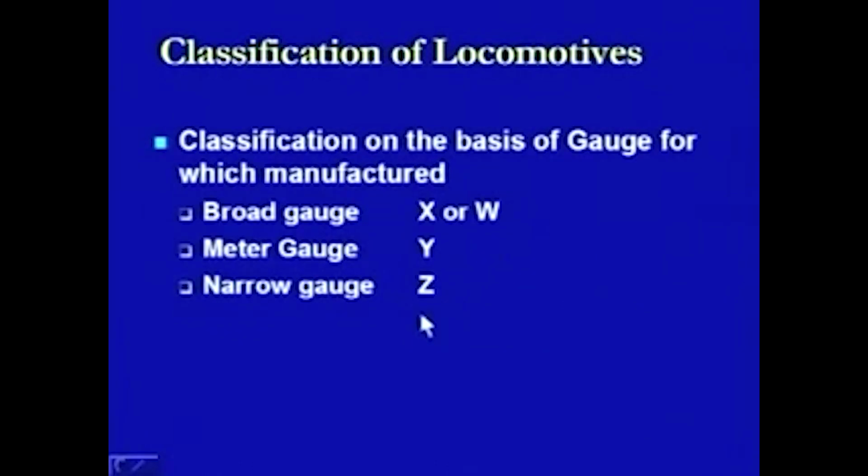How is this being done? In the case of classification on the basis of the gauge, if it is a broad gauge condition, then in the name of the locomotive the letter X or W will be there. Similarly, if it's a meter gauge condition, then Y will be there in the name of that locomotive, and if it's a narrow gauge condition, then Z will be there.